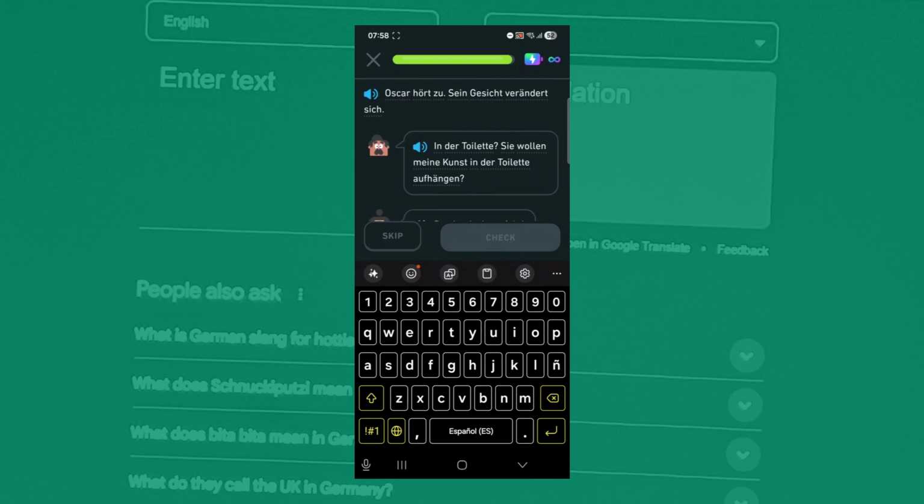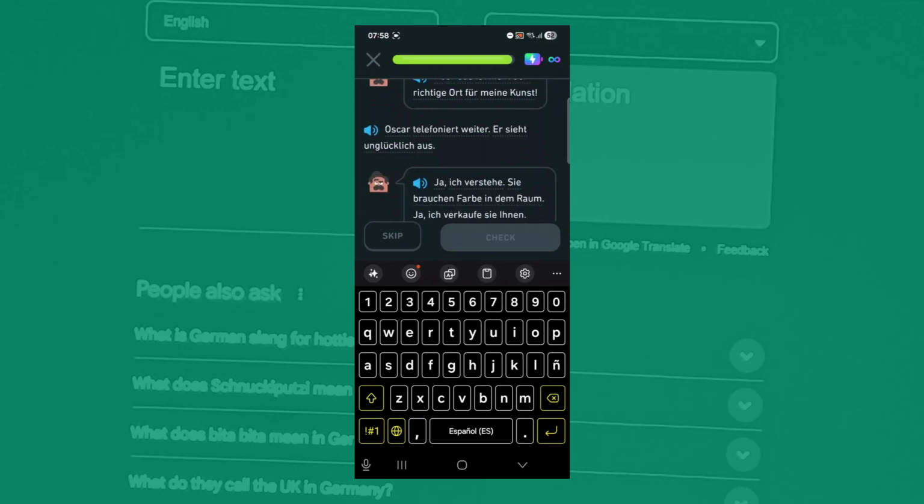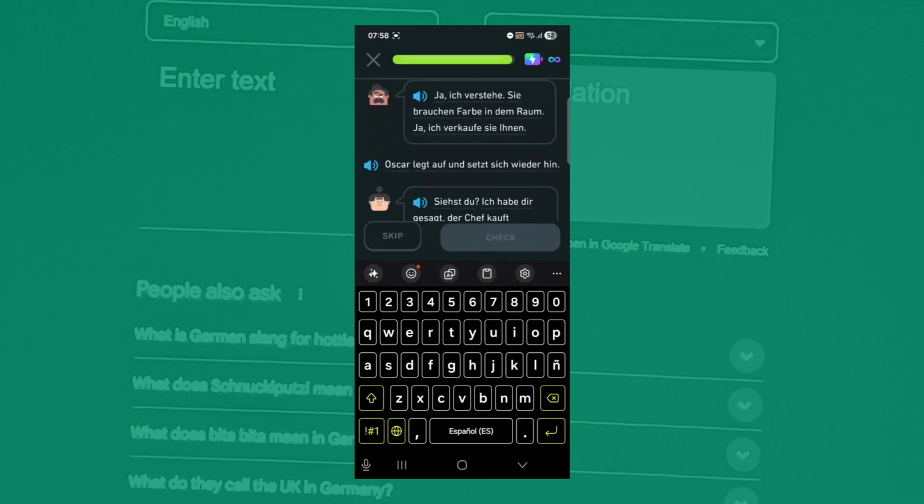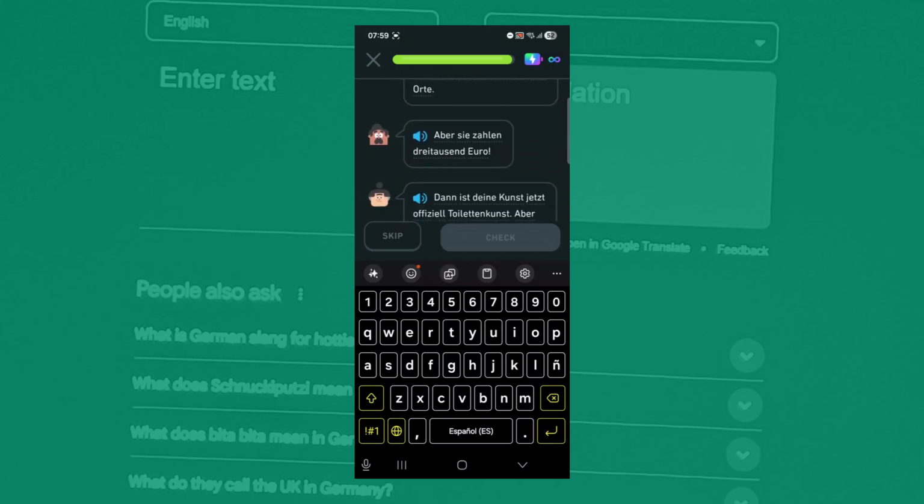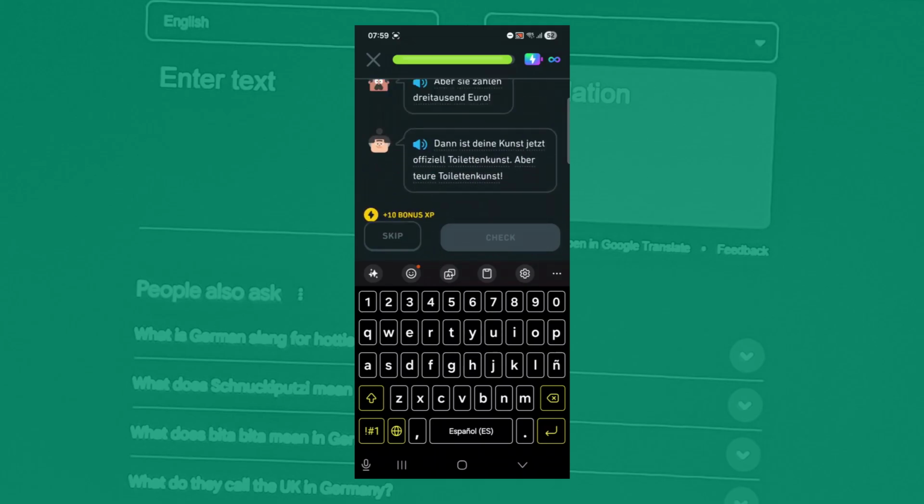In der Toilette, in der Toilette, weil... room needs more color. Where's that bit?